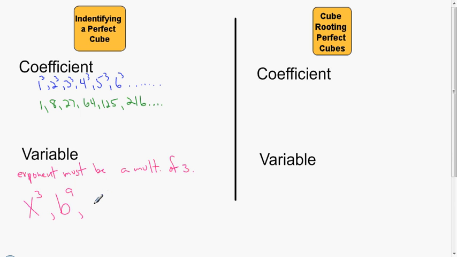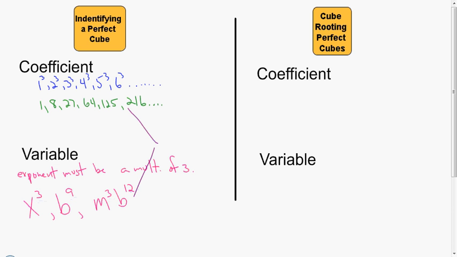And then something maybe that had 2 variables, something like m cubed b to the 12th. This would be something that is a perfect cube. So if I just combine these two ideas here of coefficient and variable, the coefficient would have to be something from this list, and all the exponents that appear for the variable parts would have to be multiples of 3.